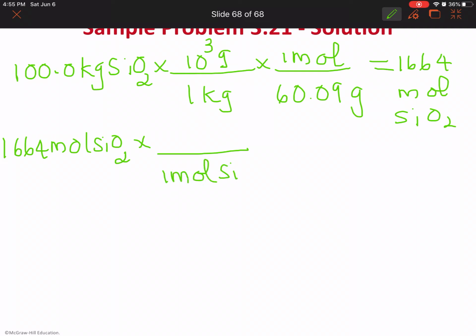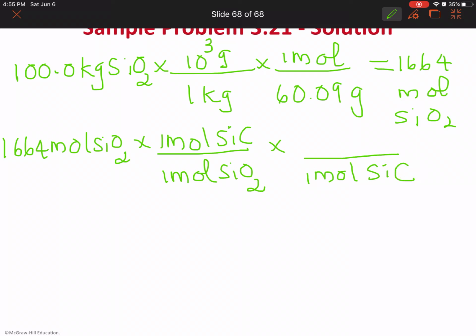1 mole SiO2 reacts to give you 1 mole SiC, silicon carbide. Molar ratio 1 to 1. And then you use the molar mass of silicon carbide to find out the mass.